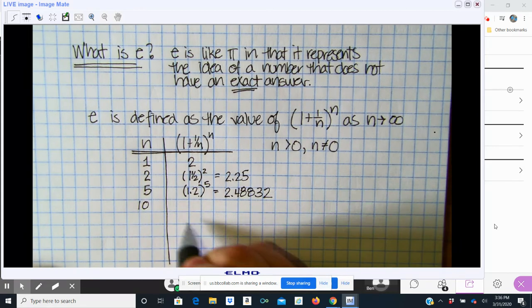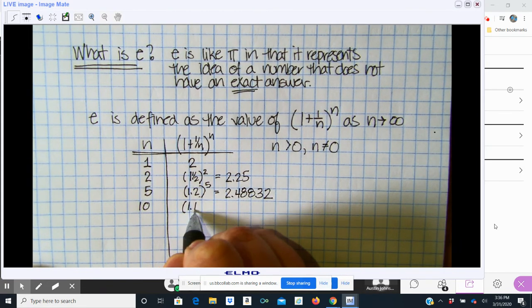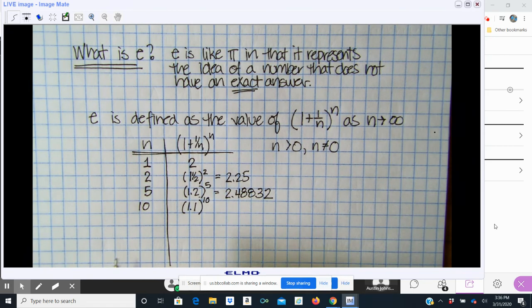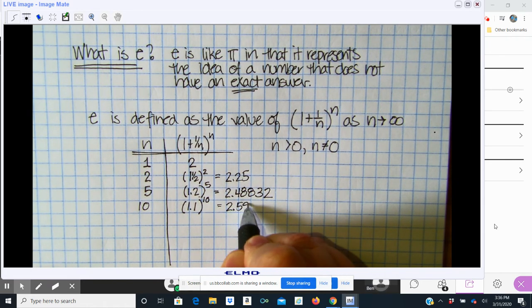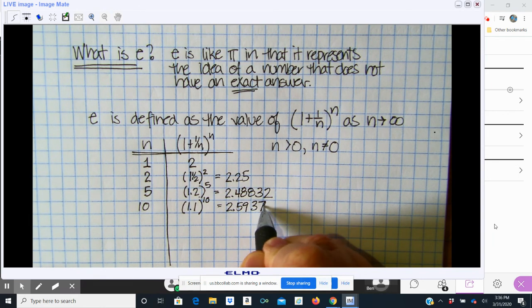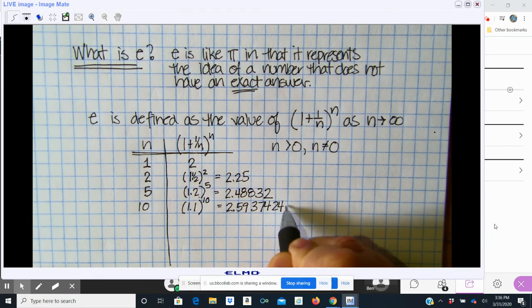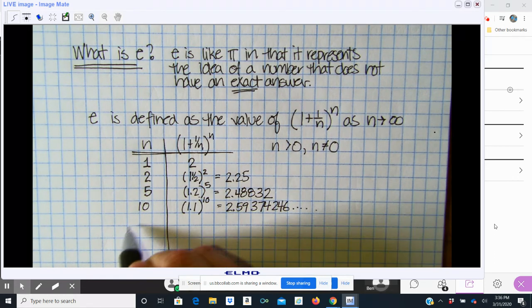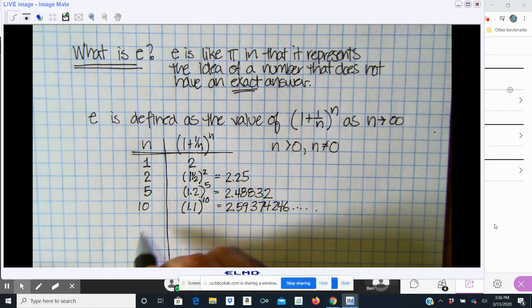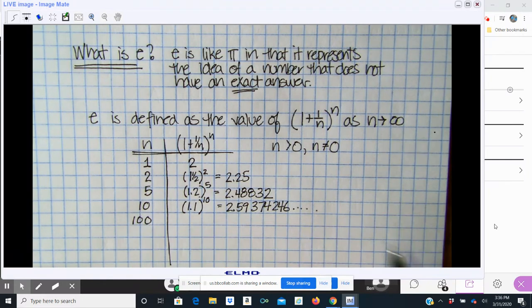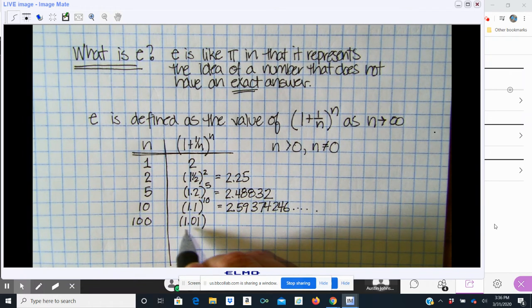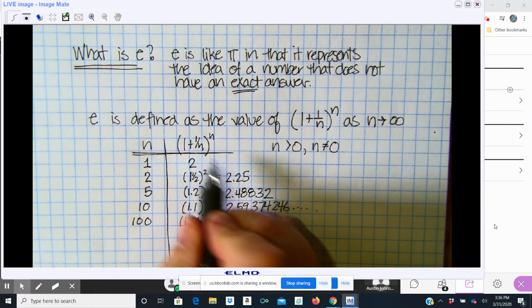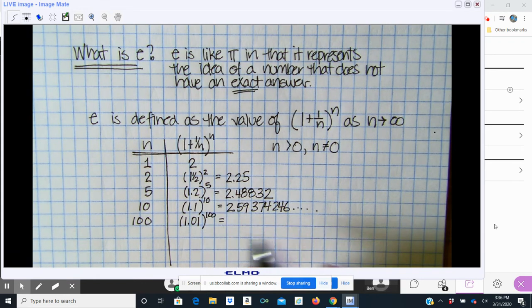If I let my n equal 10, this would be a 1.1 to the 10th power, or 2.59374246. Gonna keep going. Now, this is not going as fast as I wanted, so I'm going to jump by a power of 10 to go to the 100. So this would be a 1.01, or a 1 and 1 over 100 to the 100th power.